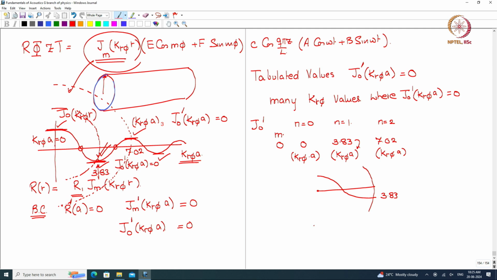Next, it starts off at a peak, it goes through a 0, it goes through a peak, goes through another 0 and goes through the next peak, and this is at the wall of the shell. This value is 7.02.